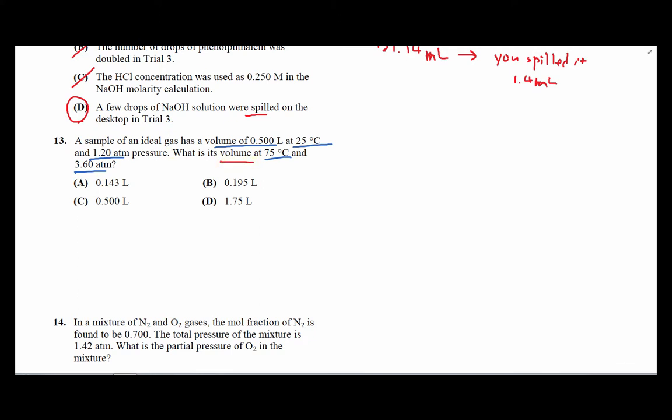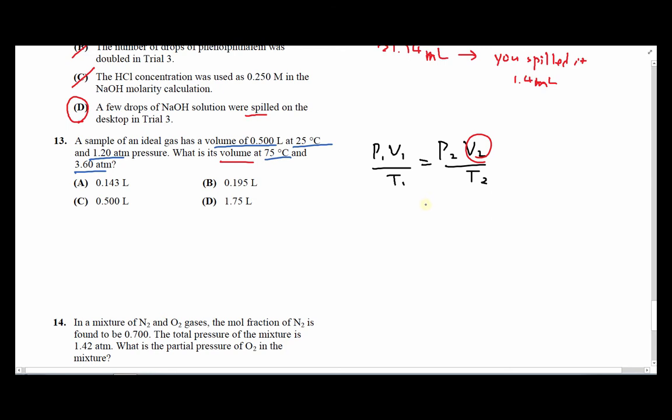Well, you have to use the combined gas law, and that is P1 V1 over T1 equals P2 V2 over T2. Okay, we're looking for our V2.